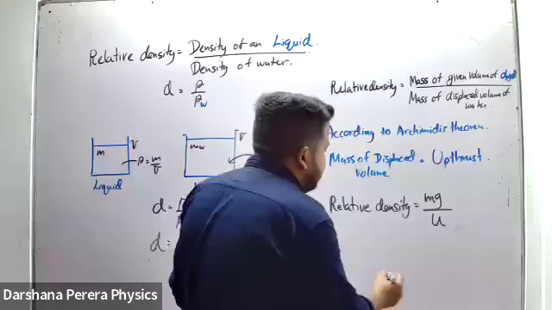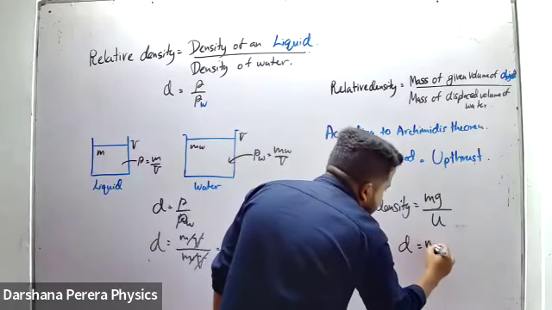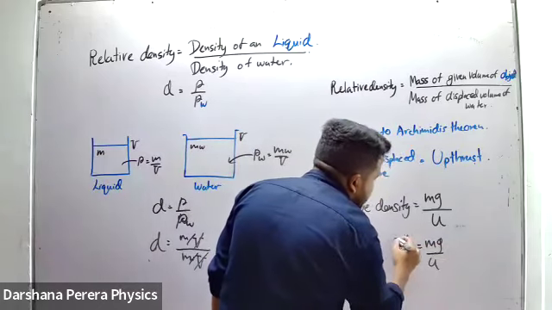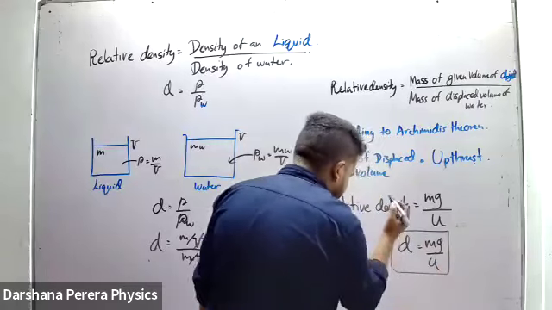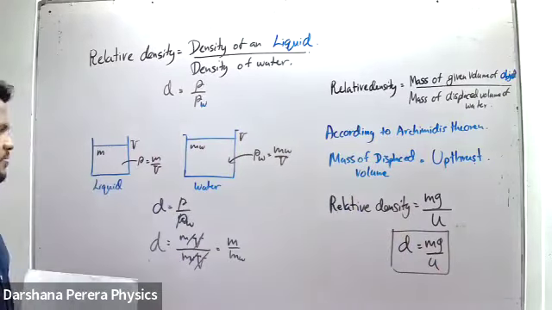Relative density D equals mg over U. I think you are correct. Clear now, right?